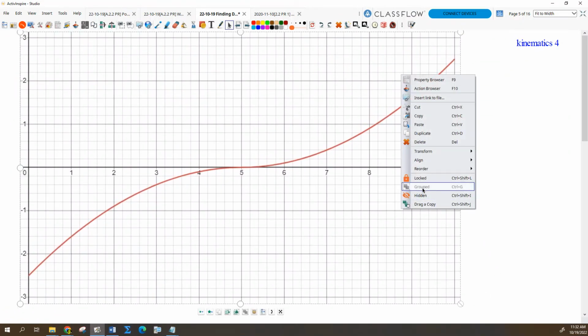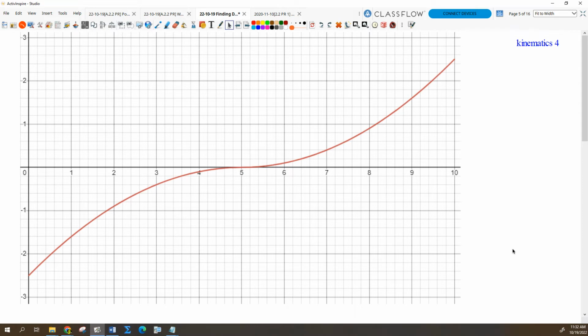There you go. Start with the easy points. There's position. Find velocity for me. So we're finding the derivative. In other words, we're trying to sketch a graph of the derivative of this function.